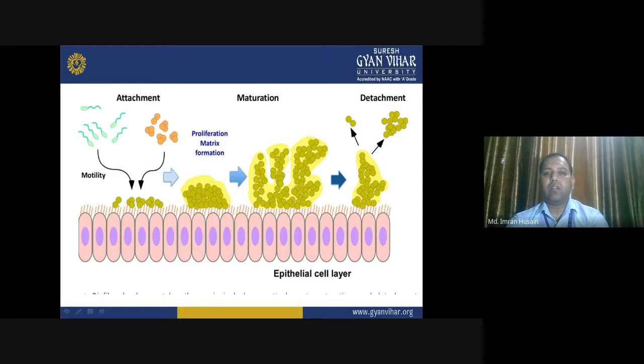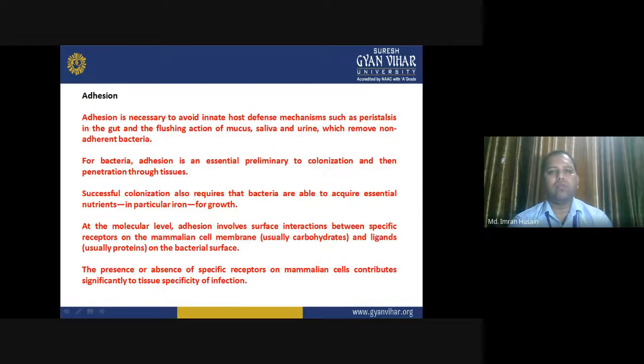When maturation takes place, it forms a biofilm. Of much interest, this bacterial population is increasing its size and number, and after a certain period of time, it detaches the pathogens in order to cause infection at other sites inside the body. So this was the main thing I was trying to explain.